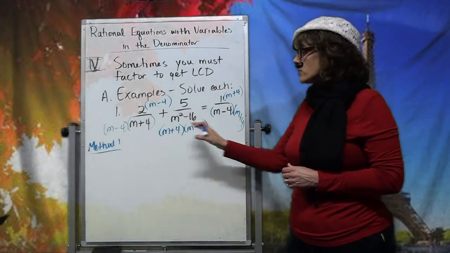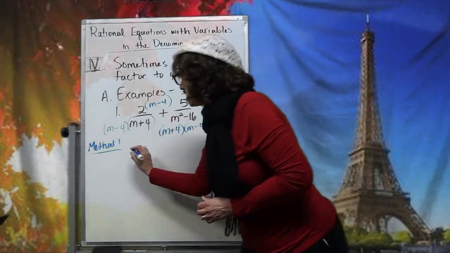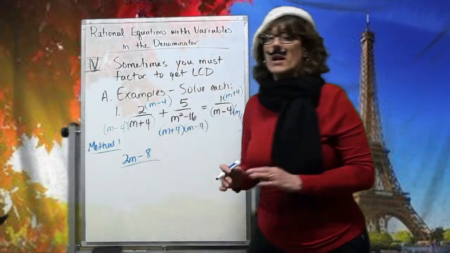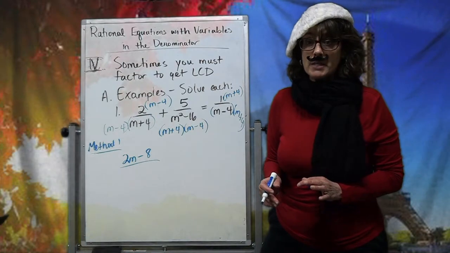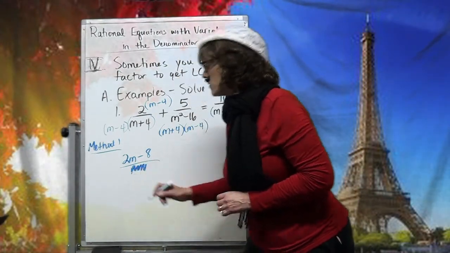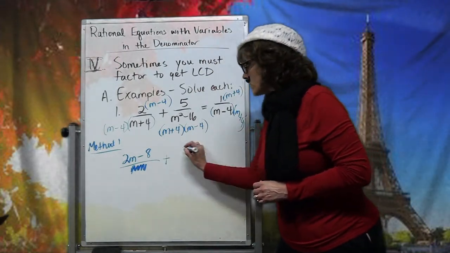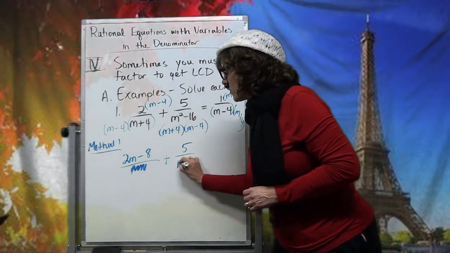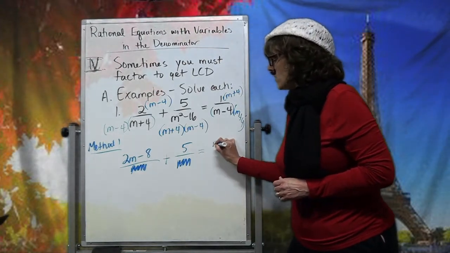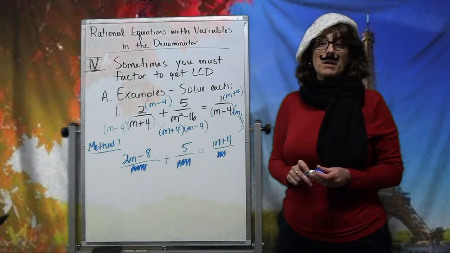So now that I've got those common denominators all the way across, I'm going to adjust those numerators. 2 times m minus 4 is a 2m minus 8 over, and I'm going to get a little lazy now. I'm never lazy, but this is the one time I'm going to get lazy. Common denominator. Just put a squiggle mark because I'm going to get tired of writing out all those common denominators. 5 over common denominator equal to m plus 4 over common denominator.